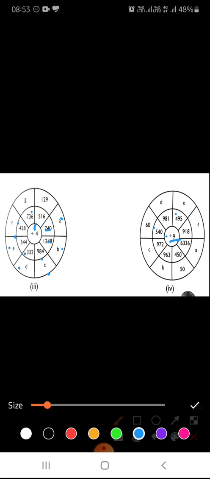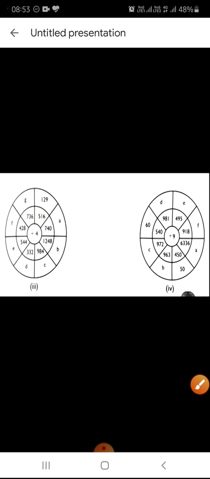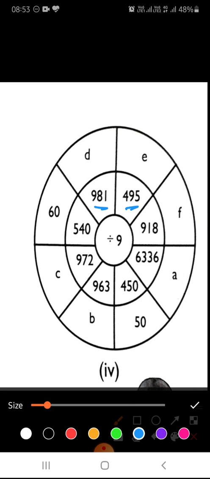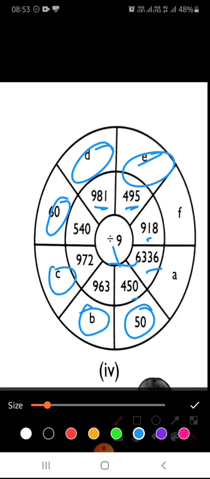All the numbers like 540, these numbers given outside, these outside numbers you have to divide by 9. Whatever you will get, you will write here in the outer boxes. Is it okay? Means you have to take the numbers like 440, 495 and divide that by 9. Whatever the answer or quotient you will get, you will write it here.